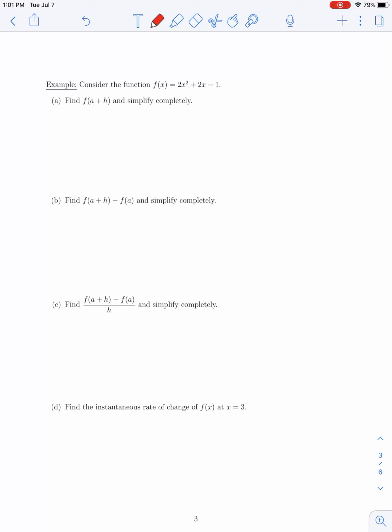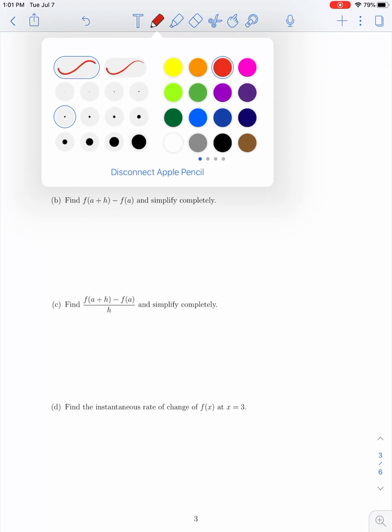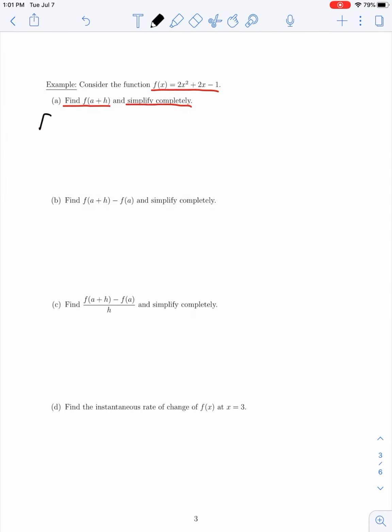So here we have the function f of x is the following. And in part A, we're supposed to find f of a plus h and simplify completely. So here, in order to find f of a plus h, we take the function, and everywhere that we have an x, we replace it with a plus h.